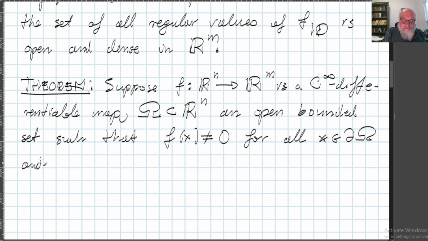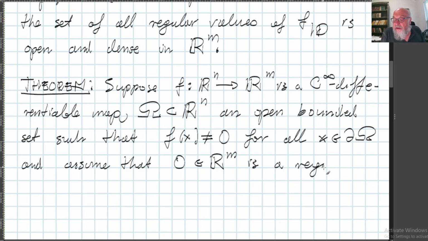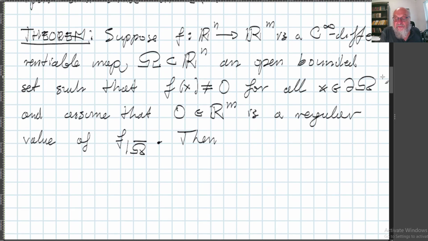and assume that 0 belonging to Rm is a regular value of f restricted to omega closure. Then we have two possibilities.